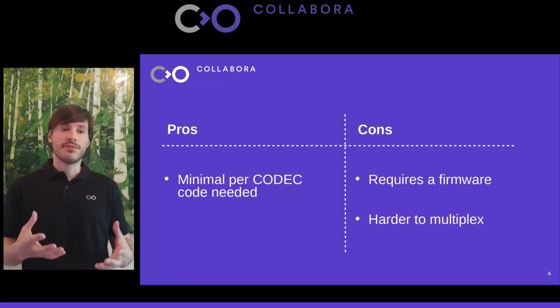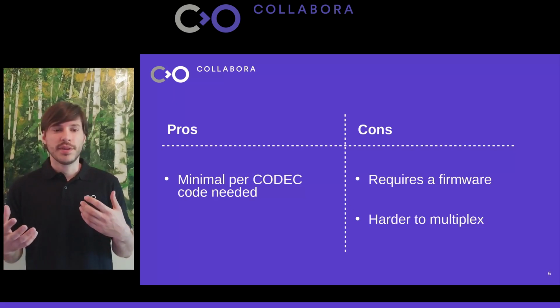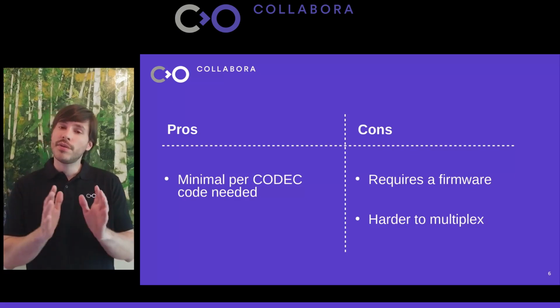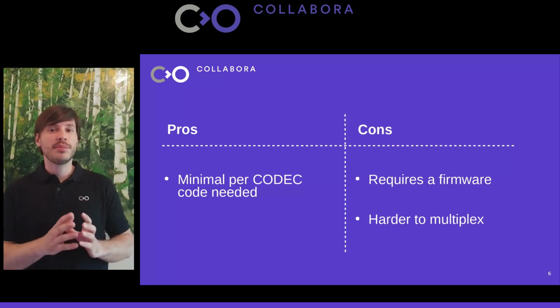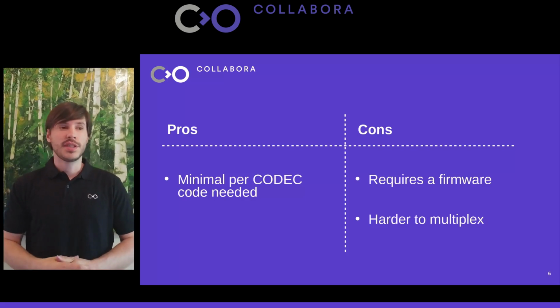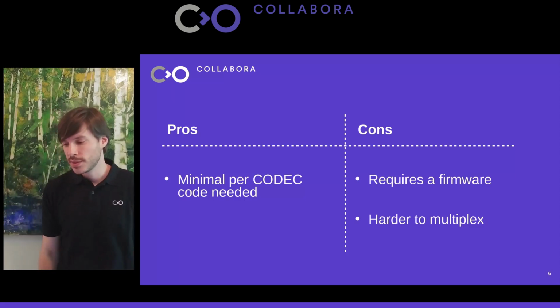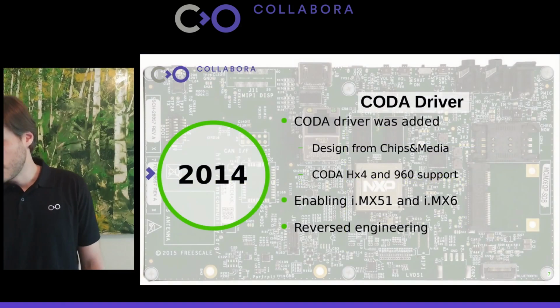So there's a limit of resources on the chip to handle the stream. So even though you have very, very small streams, you might not be able to decode more streams in parallel with these chips. We even have implementations which only support one or two streams. So it's much harder to multiplex.